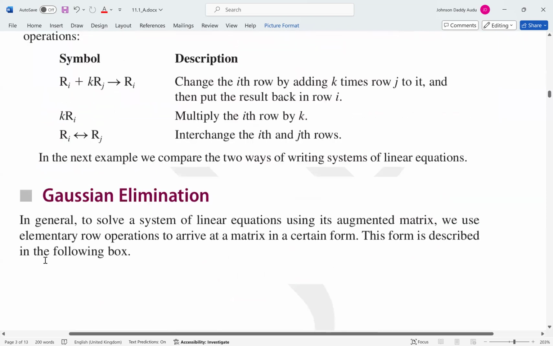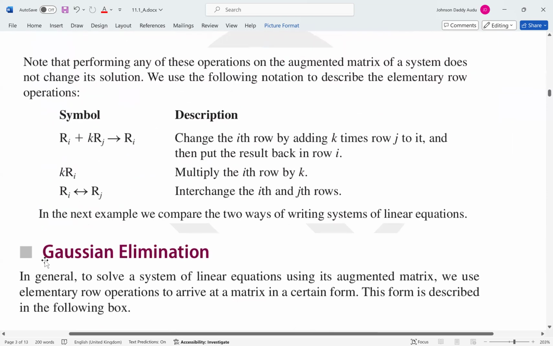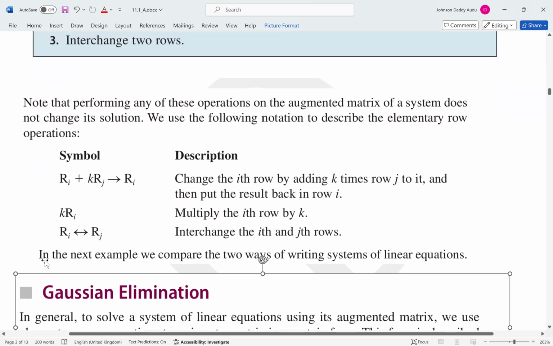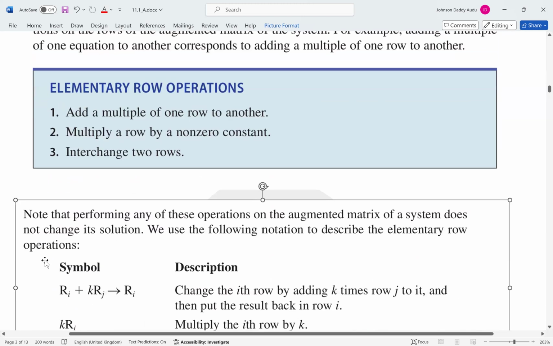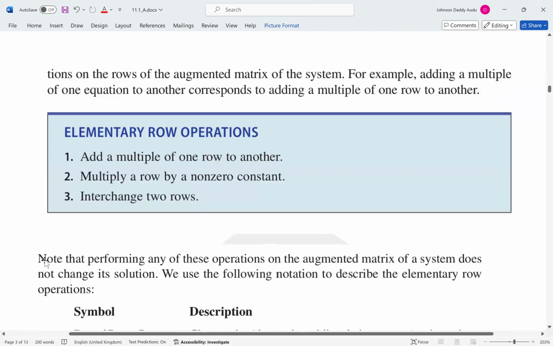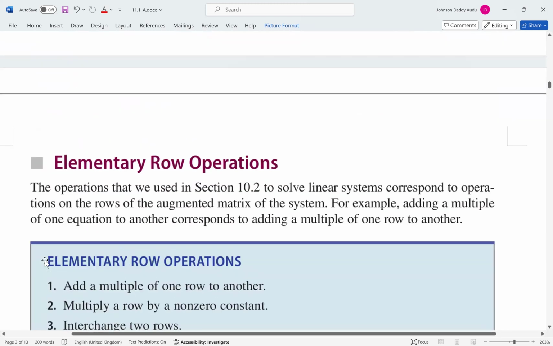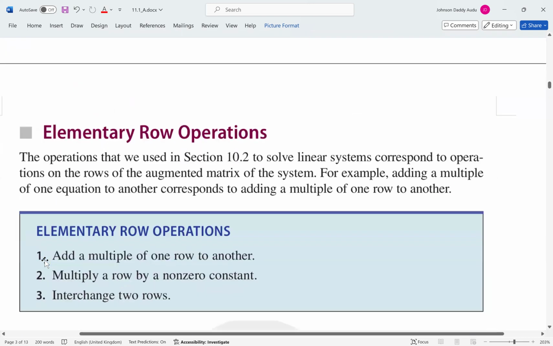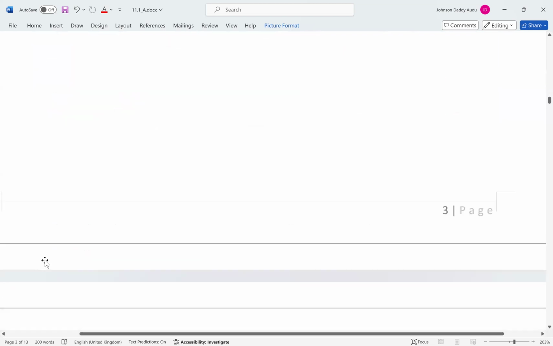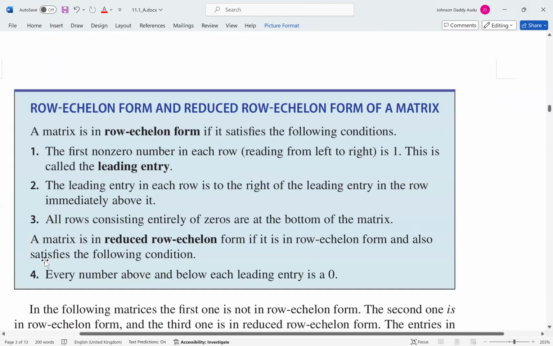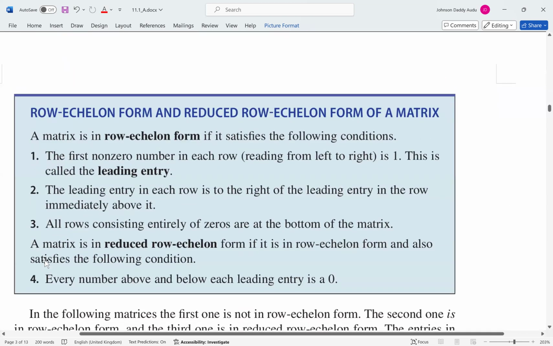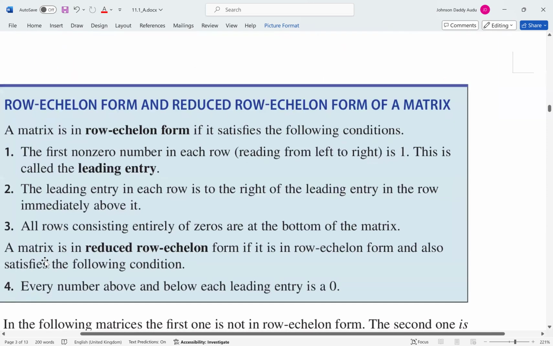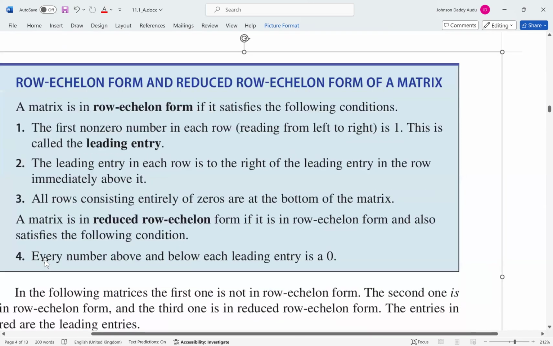Firstly, we will talk about Gaussian elimination. But before that, there is something very important we need to talk about: the row echelon form and the reduced row echelon form.